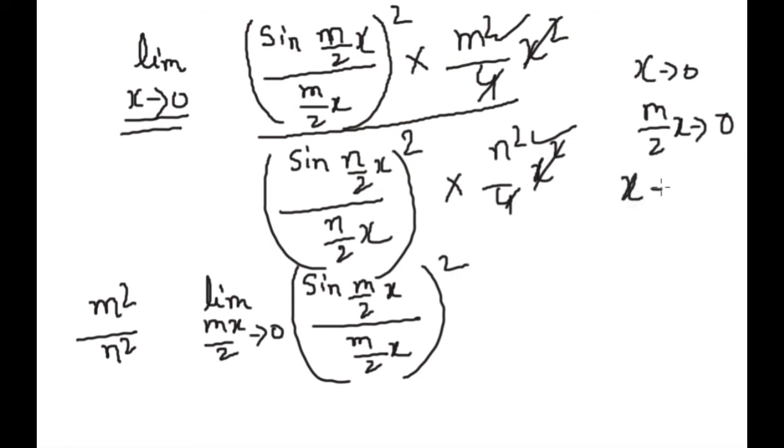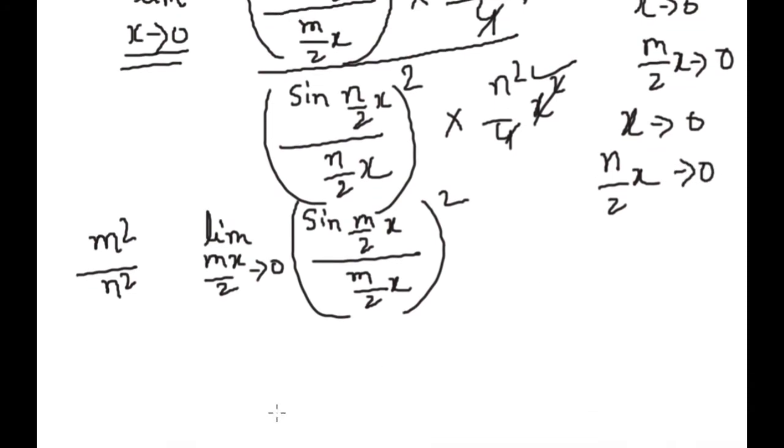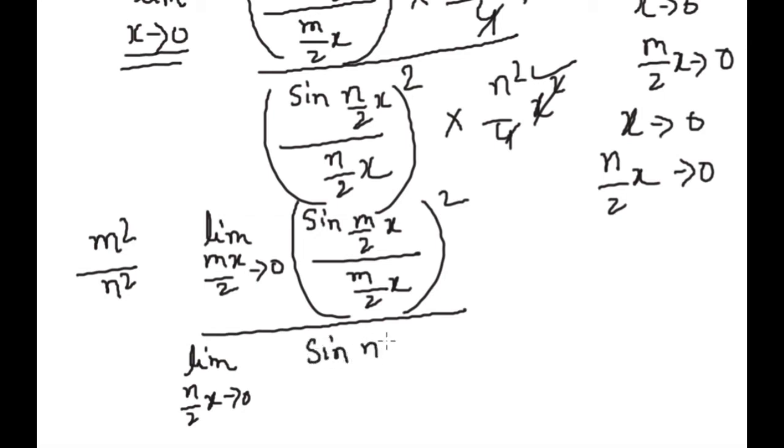Again, when limit of x tends to 0, the limit of n by 2x is also 0. So we will write limit of n by 2x tends to 0, sine n by 2x by n by 2x whole square.